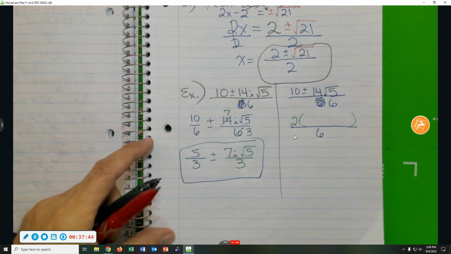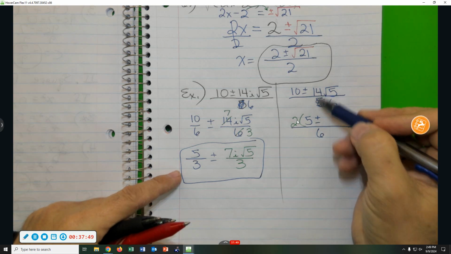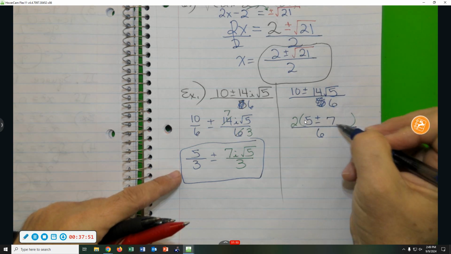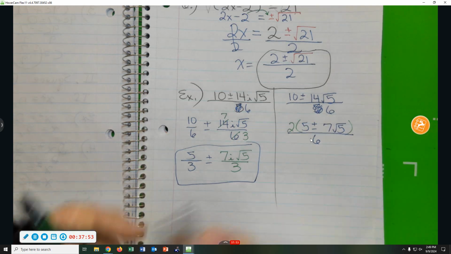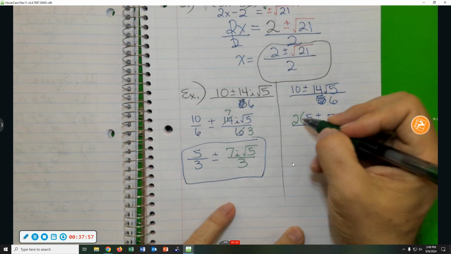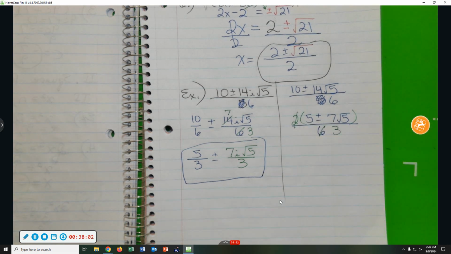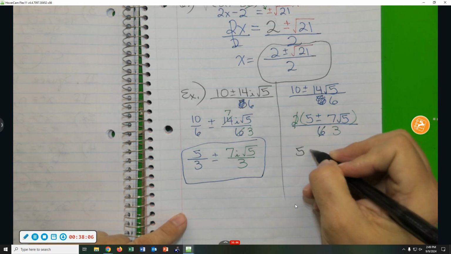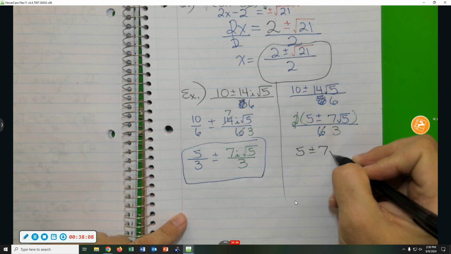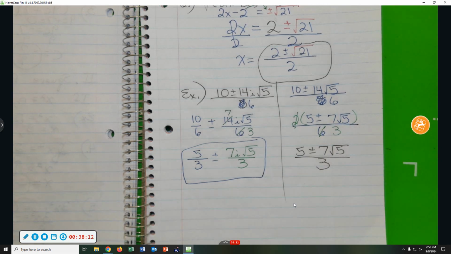10 divided by 2 is 5, plus or minus 14 divided by 2 is 7, square roots of 5. And then you cancel. 2 goes into 6 3 times. So we have 5 plus or minus 7 square roots of 5 all over 3.